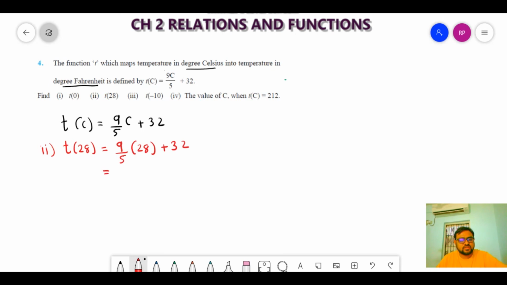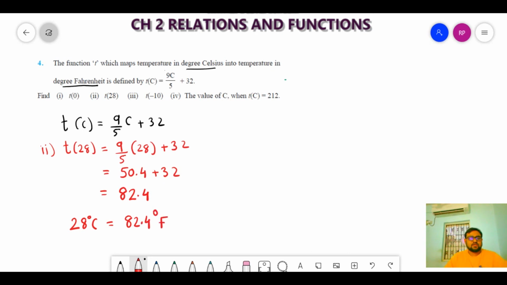So this is 50.4 plus 32, which will be equal to 82.4. This means that 28 degrees Celsius is equal to 82.4 degrees Fahrenheit. So note down the second sub-question of question number 4.